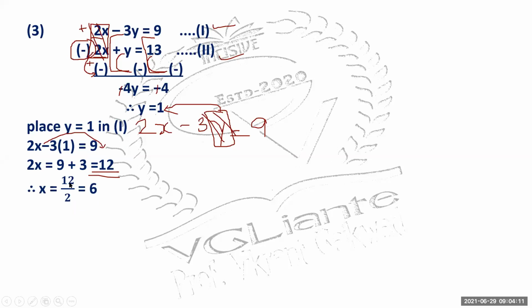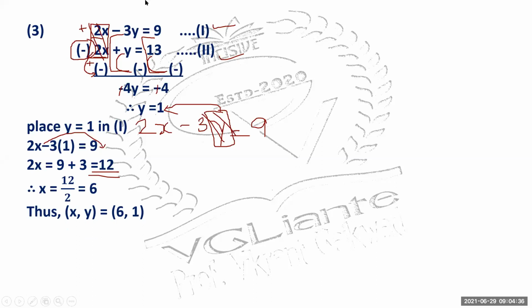So you get x equals 12 upon 2, that is equal to 6. Understood? So the values of x and y are 6 and 1. Therefore (x, y) equals (6, 1).